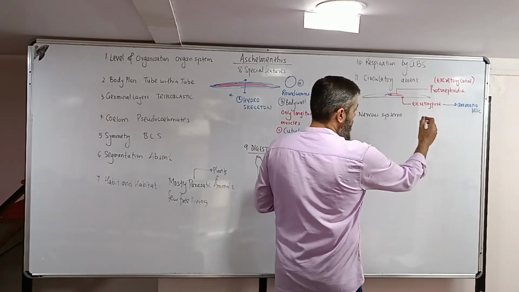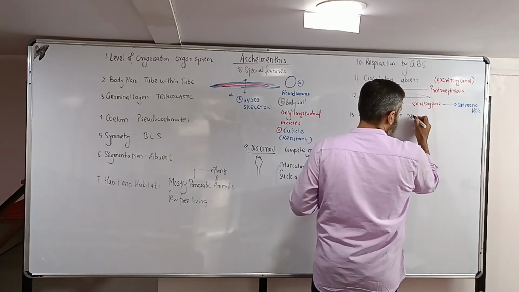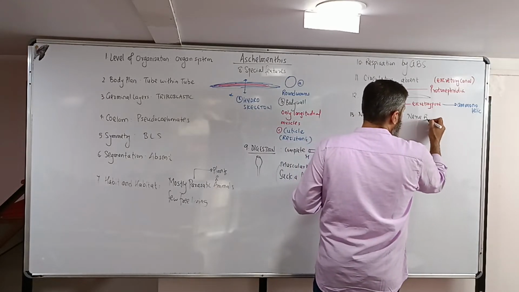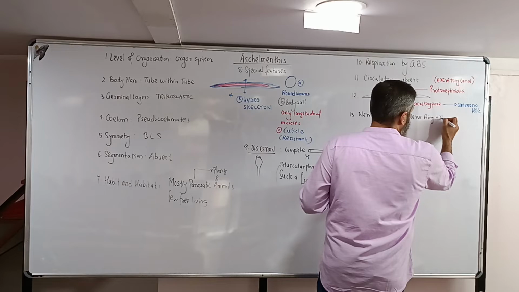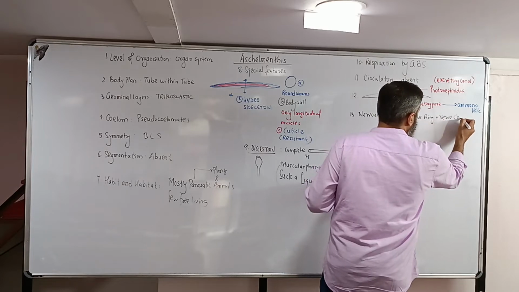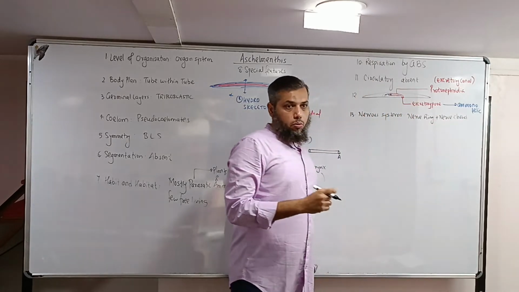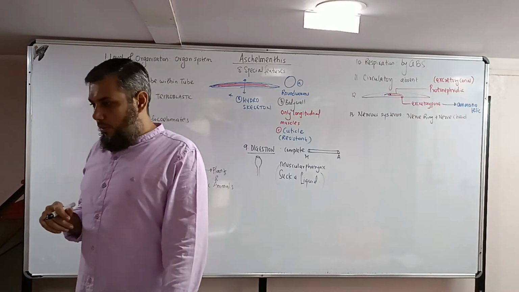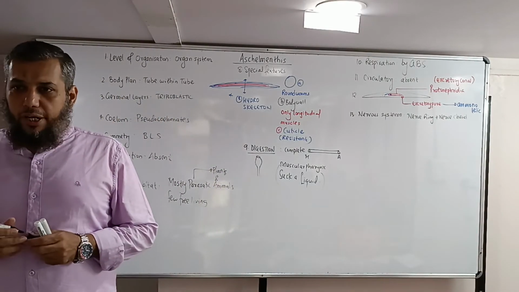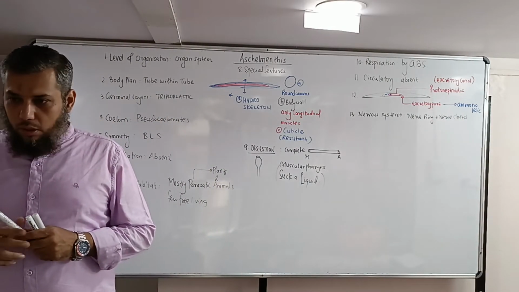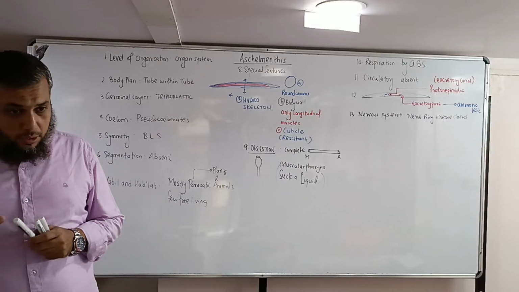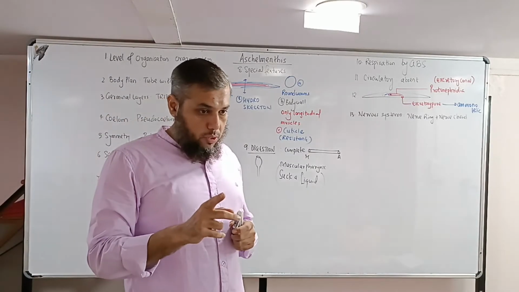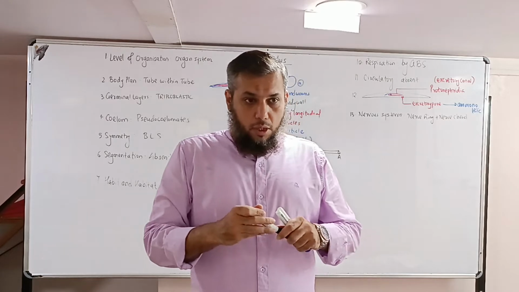The nervous system shows the presence of a nerve ring and a nerve cord. Do I need to explain what the nerve ring and the nerve cord are? We have done it in cockroach and in earthworm. You remember?